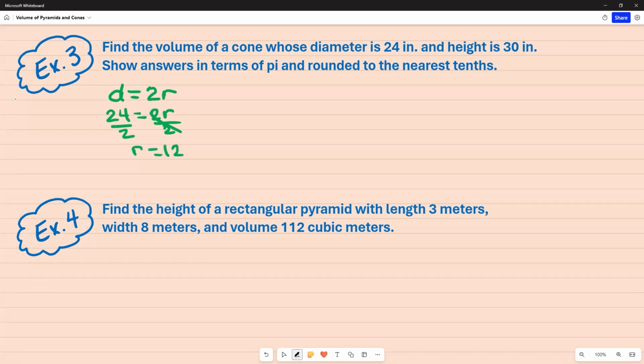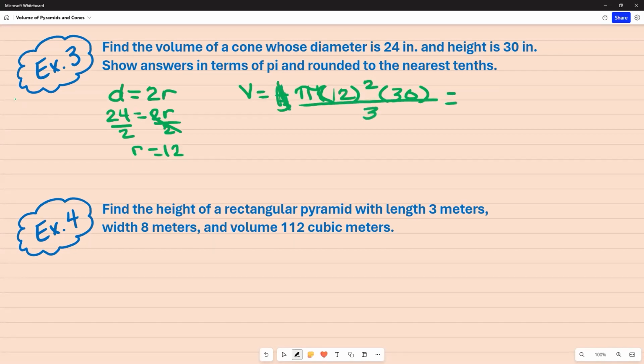That's going to help me because now I can use my volume formula and substitute accordingly. Since it's a cone, that means that my base is going to be a circle. So the area of a circle is pi times r, which we just said is 12, and then we're going to square that. So pi times r squared and times height, which is 30. Again, if you were putting this in a calculator, you can just put all of that on top and divide it by 3.